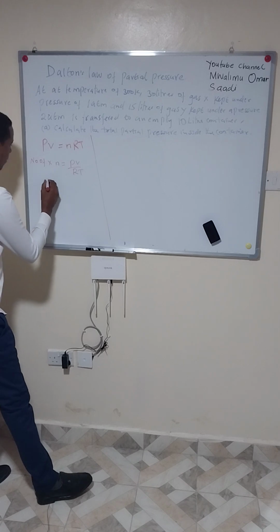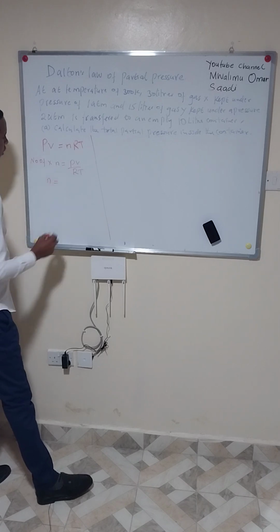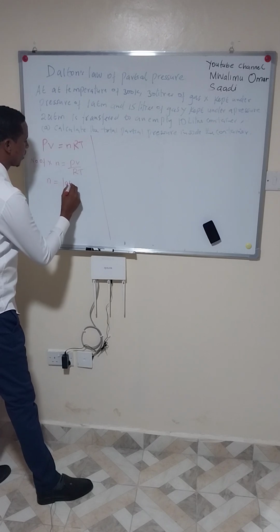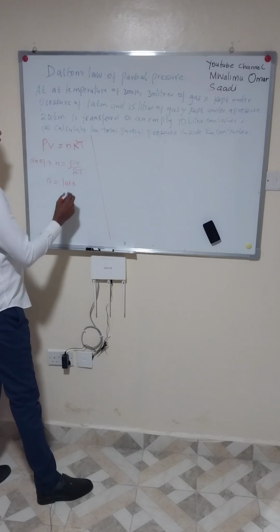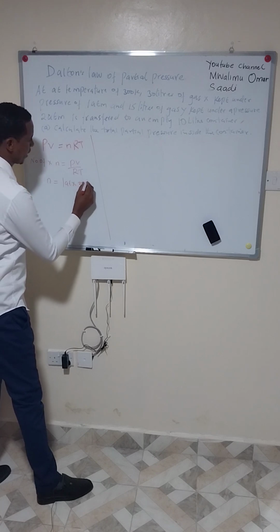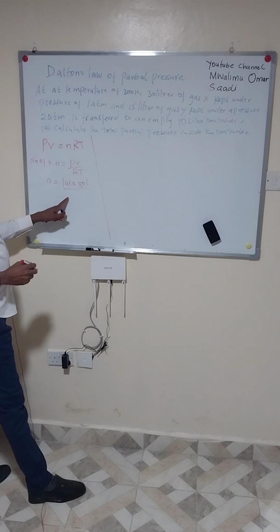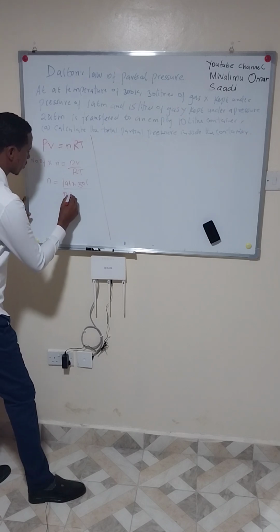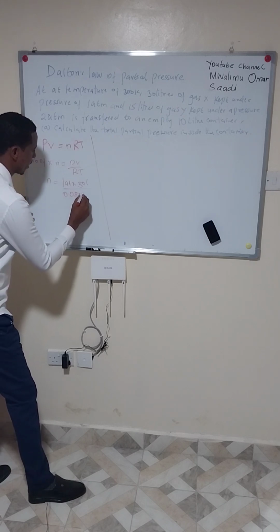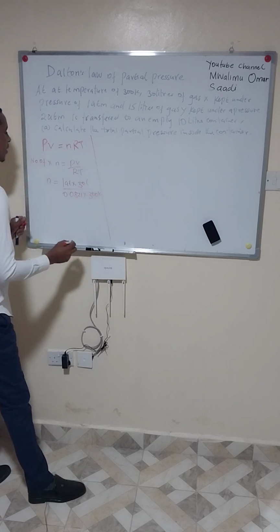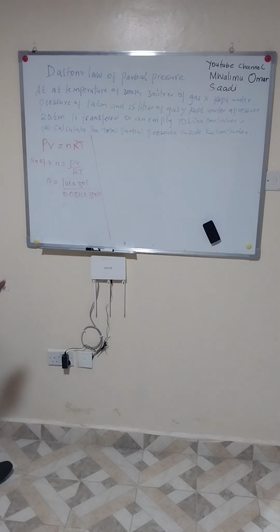So n will be equals to P, which is 1 atmosphere, times volume, we are given there 30 liters, all over our R, the constant, 0.0821, times temperature of 300 K. So let us use the calculator.